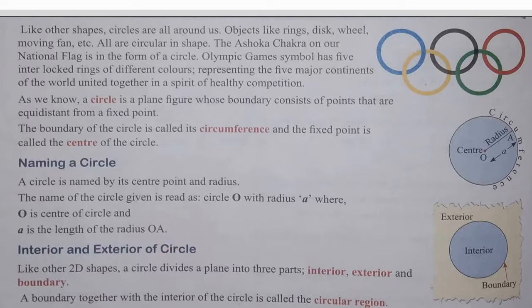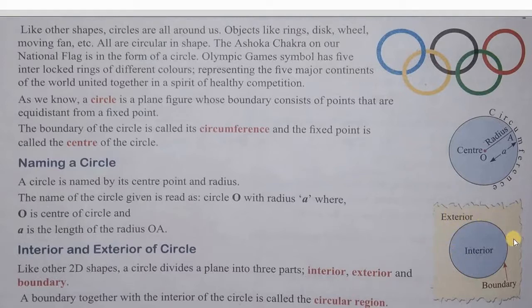Here we have this circle. The blue part in the circle is called the interior part. Interior means inside and exterior means outside. Suppose this picture is a sheet of paper on which you have drawn a circle.